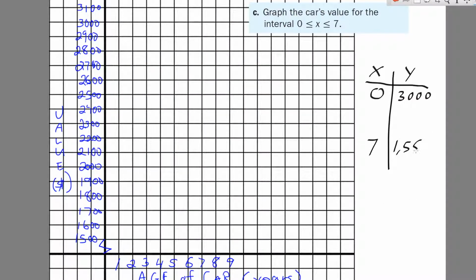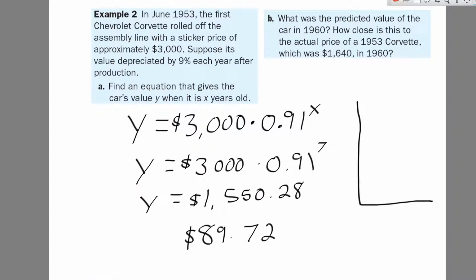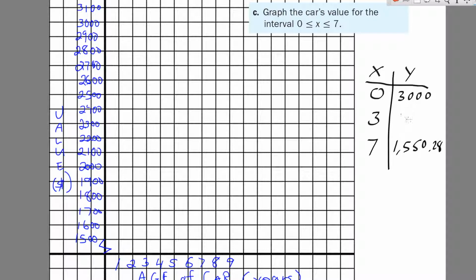And let's just pick off an intermediate value in between those. So we can say maybe 3 years. And we'll take a look at our calculation for 3 years. So that would just be raised to the third. So 3,000 times 0.91 raised to the third power. And that gives me $2,260.71. Not that we worry about that.